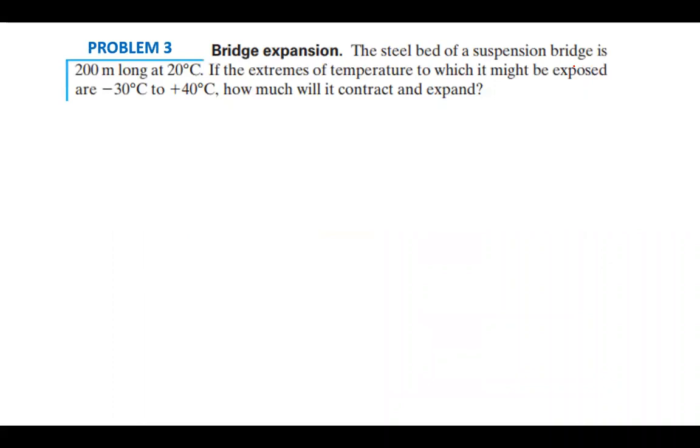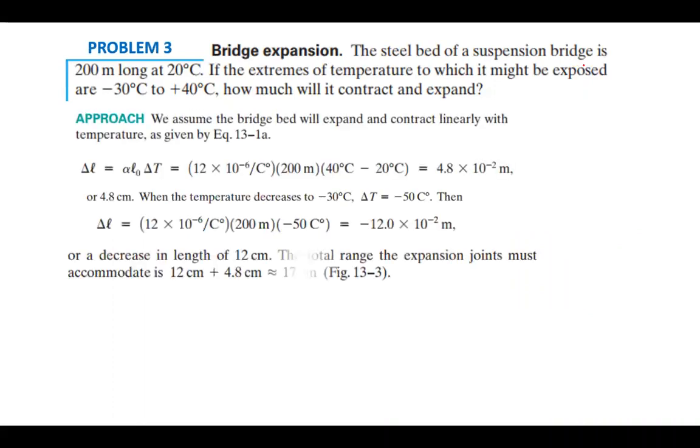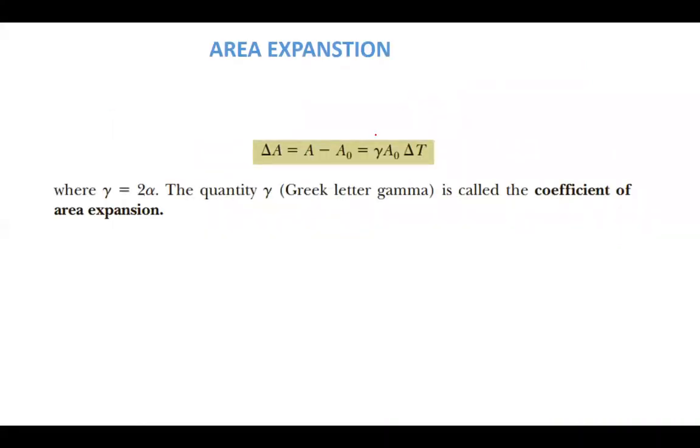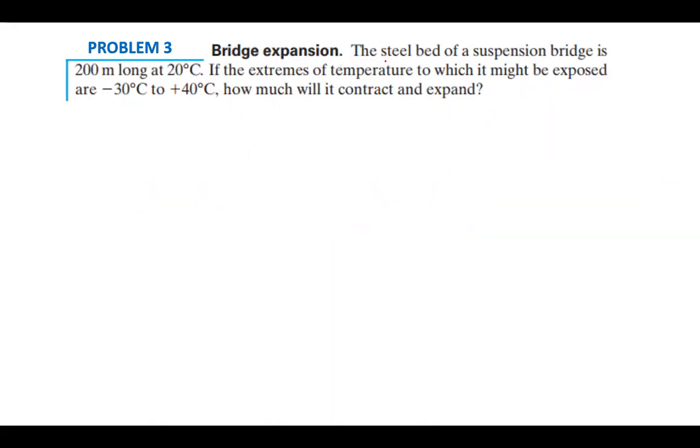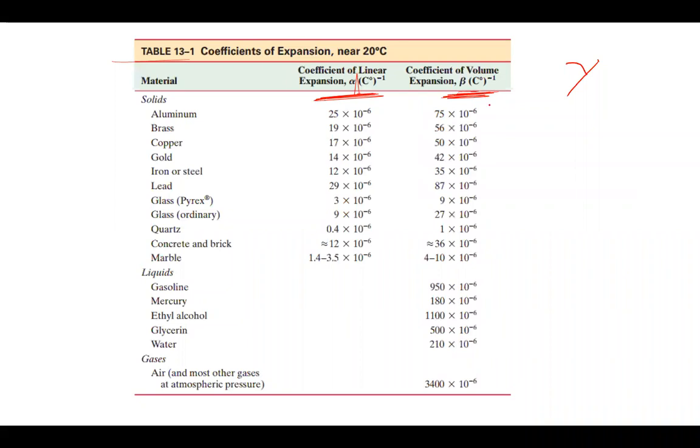Let's check. Yes, gamma is the one that deals with area, and beta is the one that deals with volume. So alpha is the coefficient of linear expansion, beta is the coefficient of volume expansion, and gamma is the coefficient of area expansion.